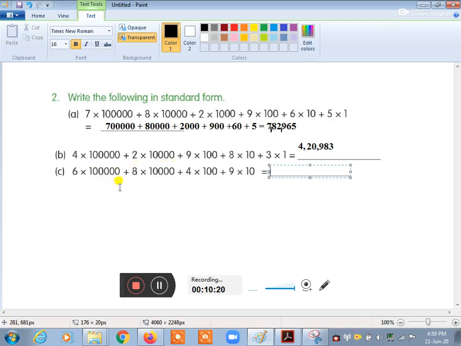Here 4 zeros are there. 6,80,000. Here also no thousand. So 6,80,490. 6,80,000. Put the commas. 490.